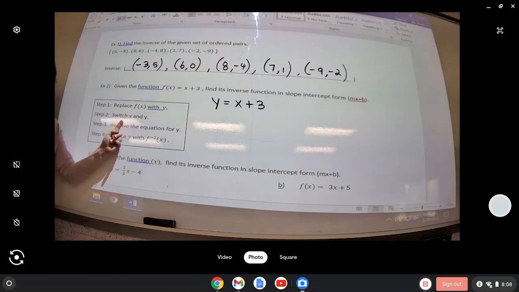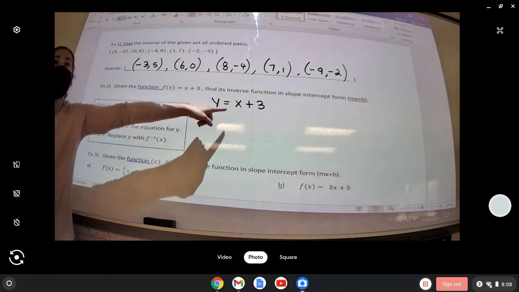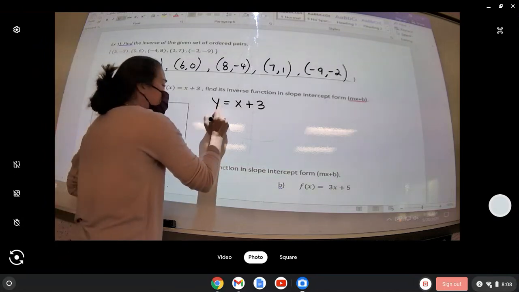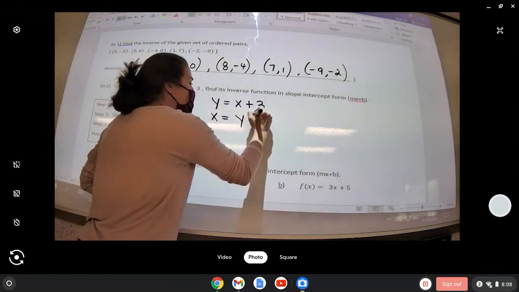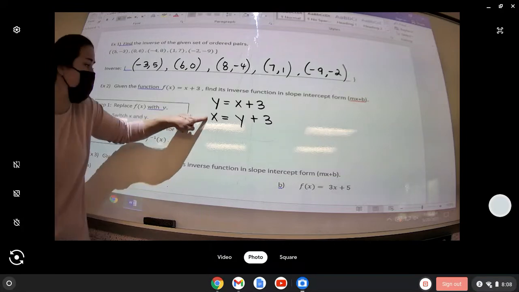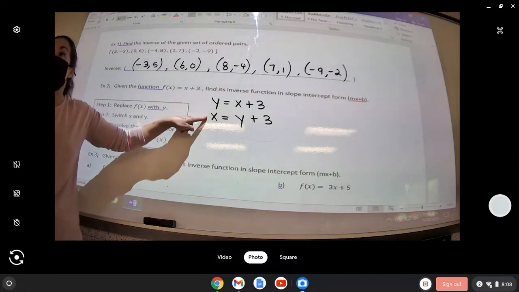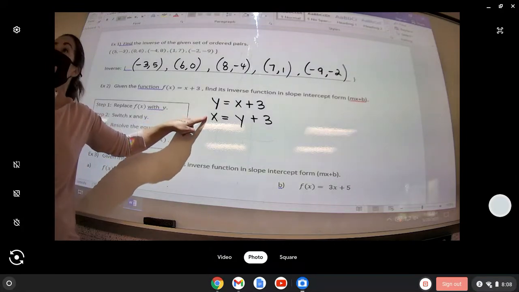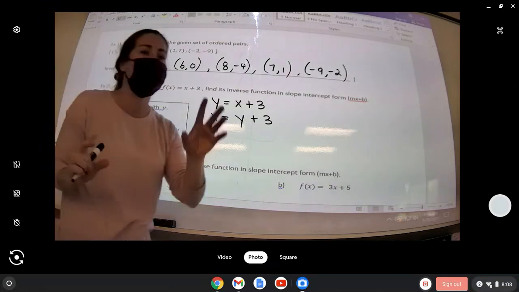So you literally switch them. Switch the x and y in the equation. So now this says x equals y plus 3. Trade them. Okay, guys, believe it or not, this right here is the inverse function. That is the equation that will undo what the original function did.